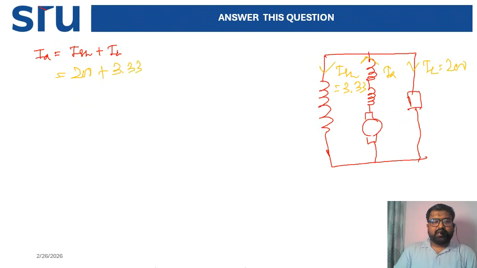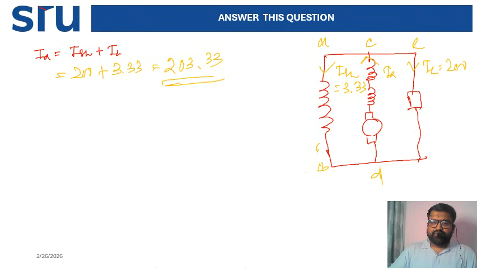That is your 203.33, right? Now it is not much more difficult to calculate the generated EMF, because you see I kept here the points A, B, C, D, E and F.